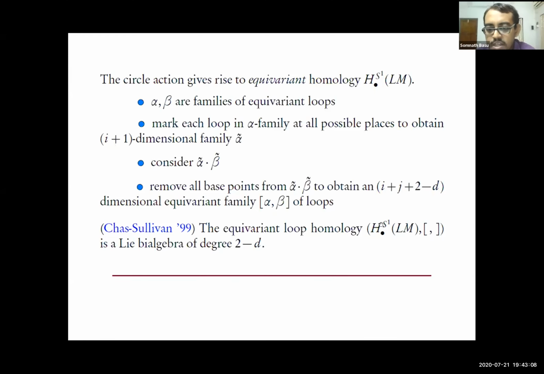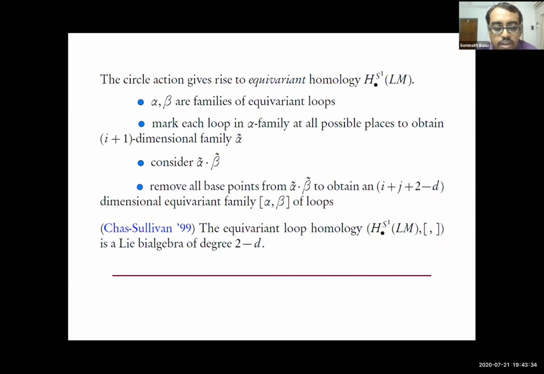So this is something else altogether. It's a Lie algebra, and there's a co-product which satisfies co-Jacobi and so on. I'll give an example of that in a minute. It's something more than a Lie algebra, but in particular, it's a Lie algebra of degree 2 minus d. So it's a nice bit of structure that you see coming up in the equivariant setting.